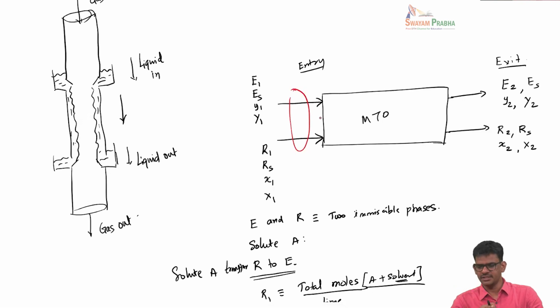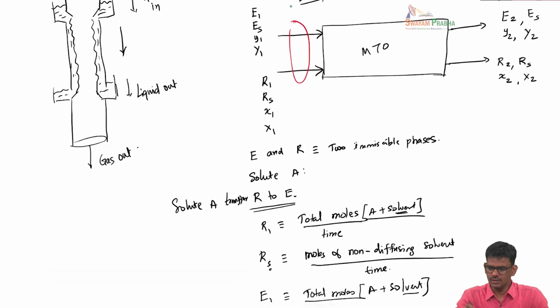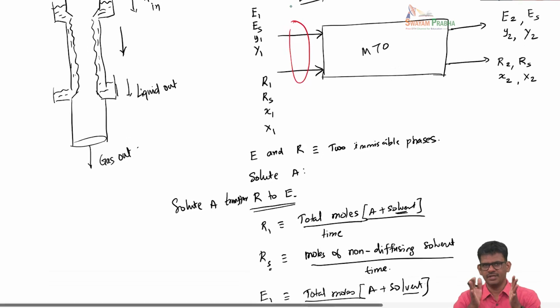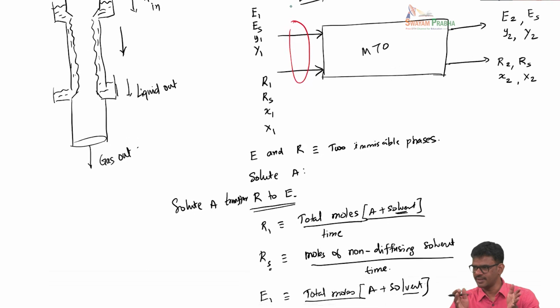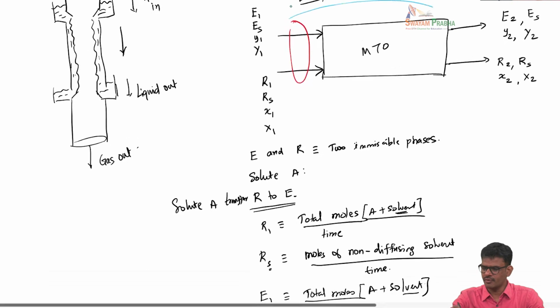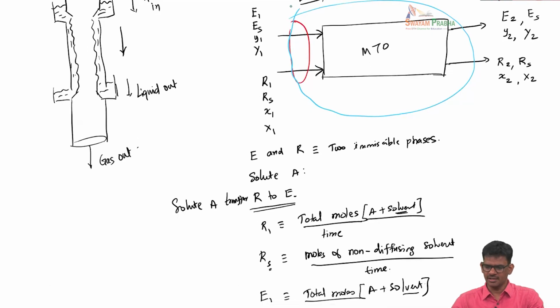You can see this at all four arrows: two arrows for the entry of the two phases, two arrows for the exits. When we do a mass balance, we need a control surface over which we write it. Imagine a control surface shown by this blue line, and here you are going to write the mass balance.